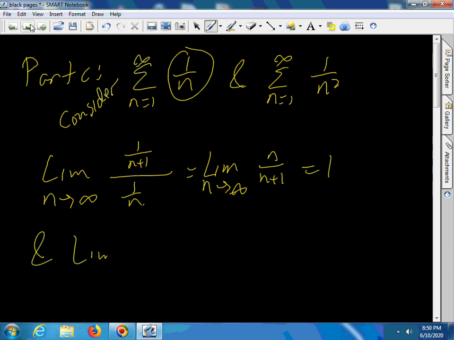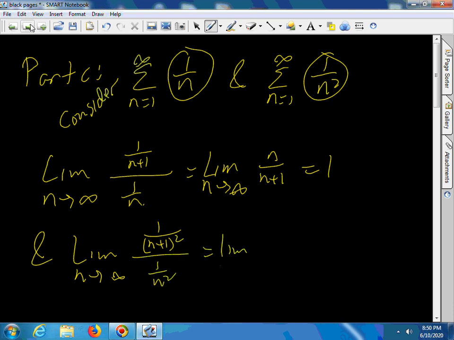And the limit as n goes to infinity of 1 over n plus 1 squared divided by 1 over n squared is the limit of n squared over n plus 1 squared, which is 1. So we have two ratios.